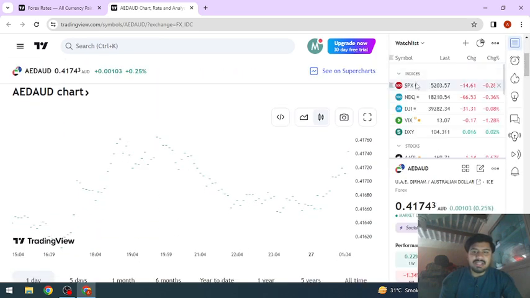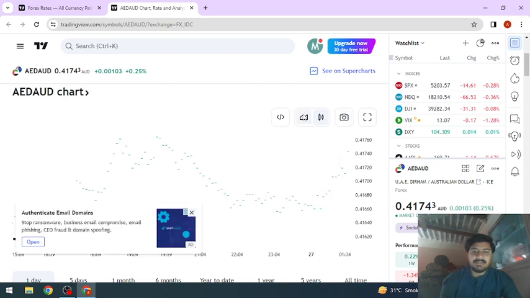So this is the live map and chart about the Australian dollar and the Canadian dollar.